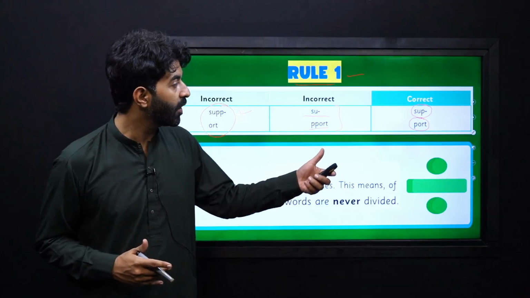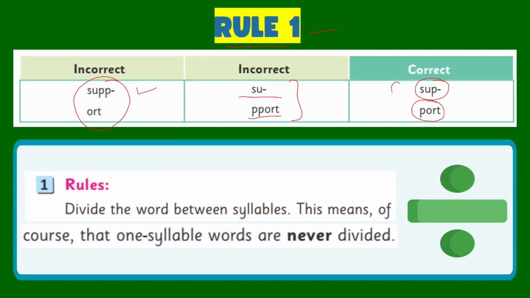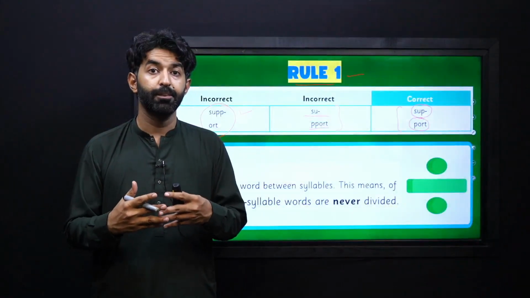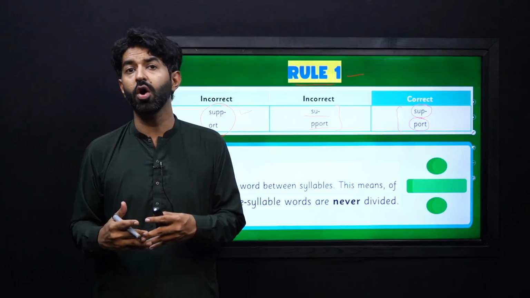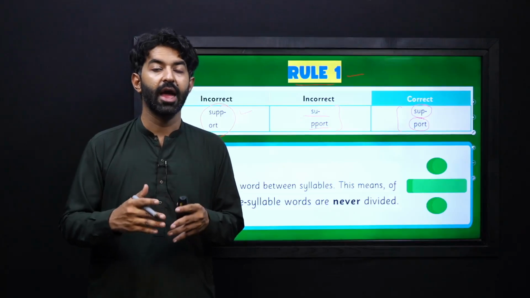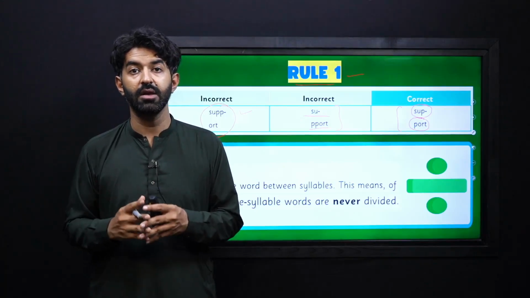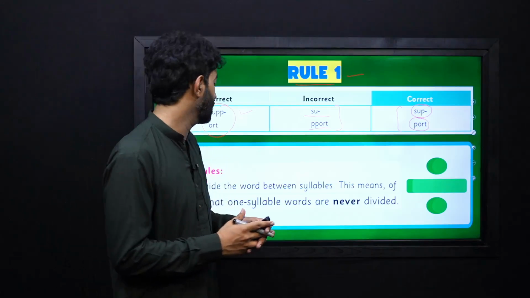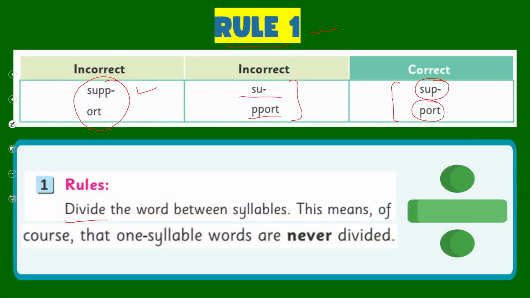So in the third way, which is our correct way, if your line is ending with SUP and you have to add PORT in the next line or on the next page, you will just add hyphen after the first P and then write the remaining word. So divide the words between syllables.